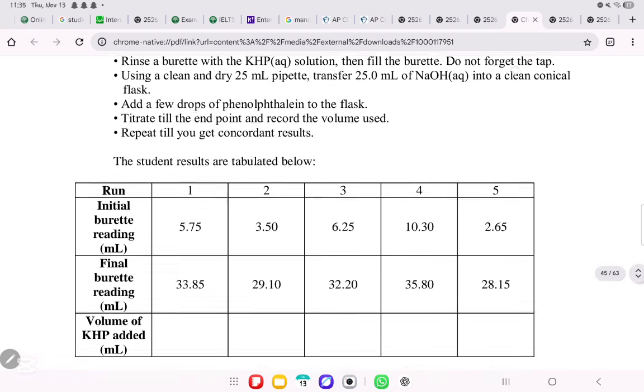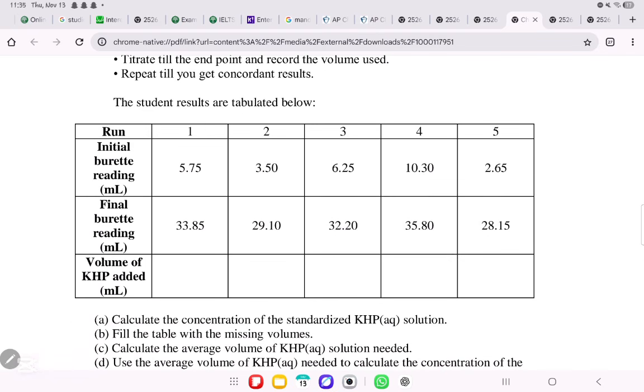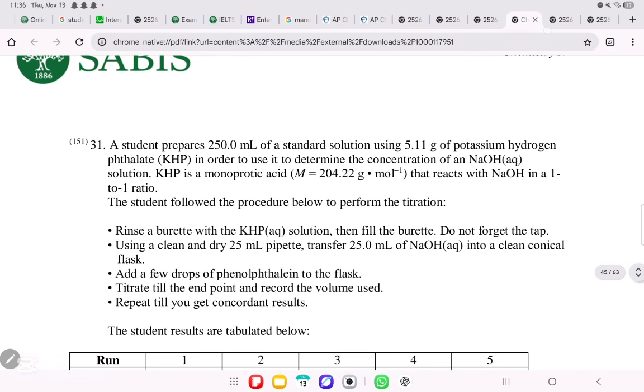So what are they asking us? Actually, in part A, they're asking us to calculate the concentration of the standardized KHP aqueous solution. I have my volume, my molar mass, and my mass, so we can easily calculate it. Mass over molar mass equals number of moles, and number of moles equals concentration times volume.